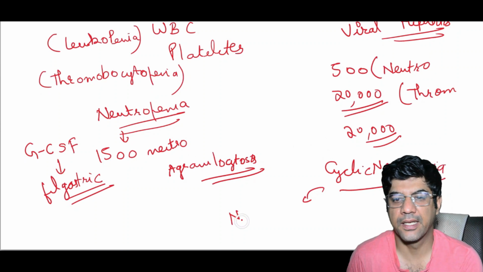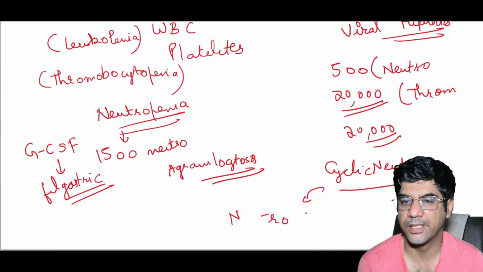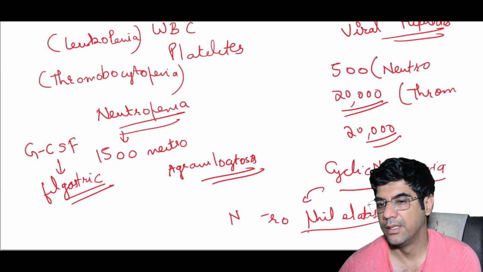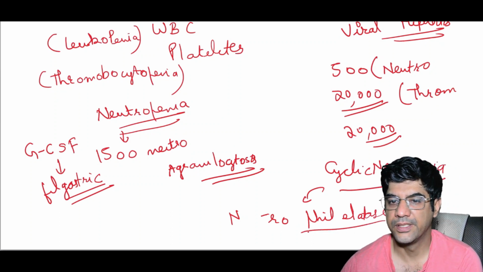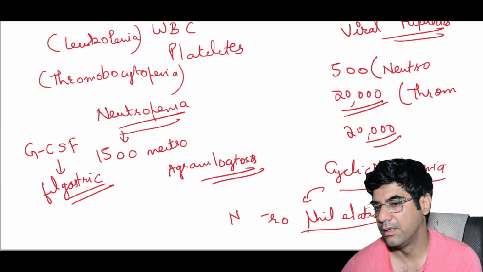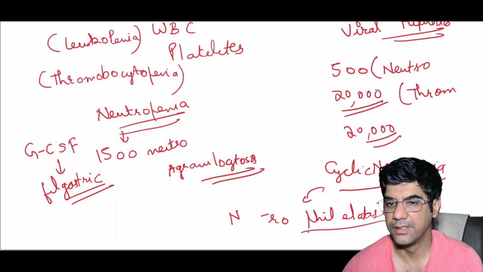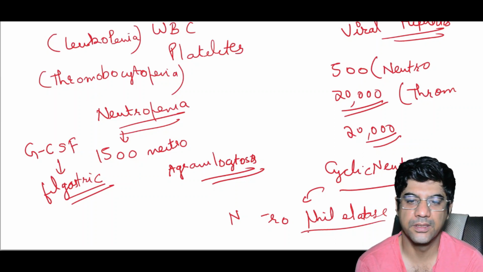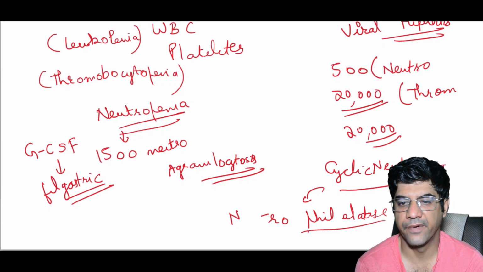So this condition, cyclic neutropenia, is characterized by regular periodic reduction in neutrophil count due to mutation in the enzyme neutrophil elastase. Symptoms occur in regular cycles that last for 21 days.